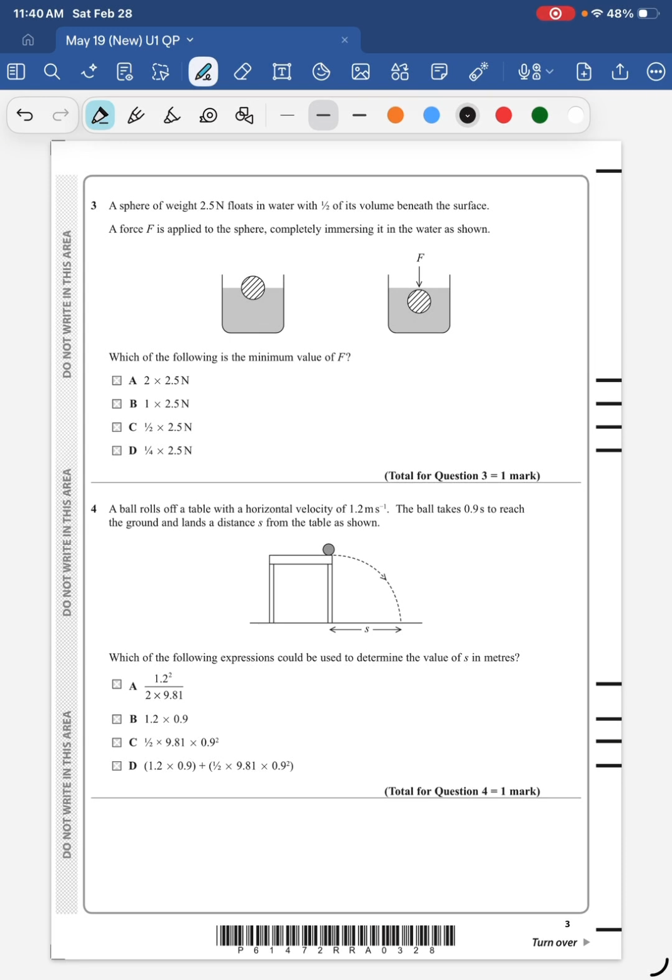If we focus on the left scheme, we see that we have two forces, up thrust and the weight. So up thrust is equal to the weight, so it's 2.5 newtons, but we know that up thrust is the density of water times g times the displaced volume, which is half of the volume of the sphere.